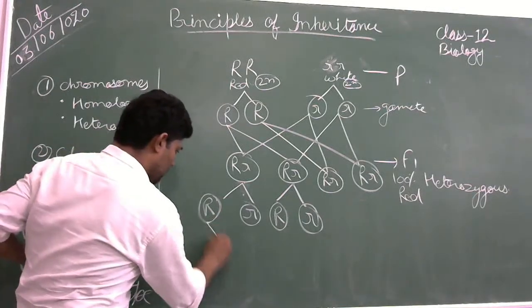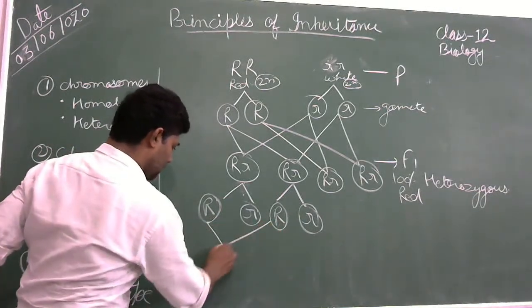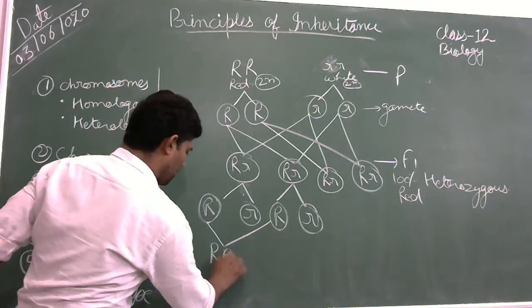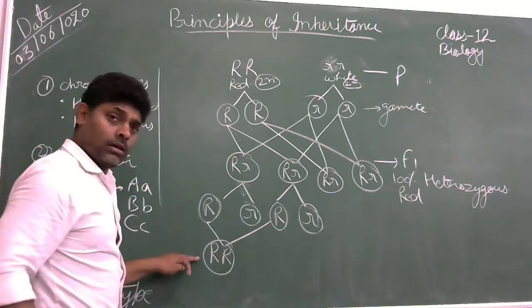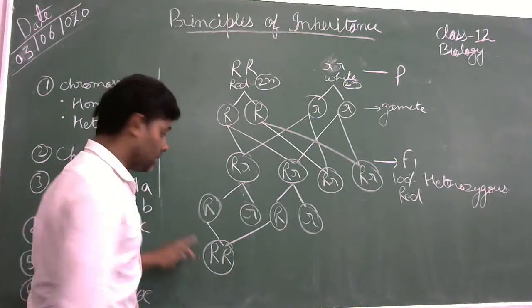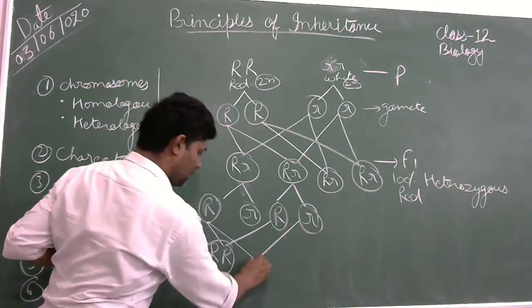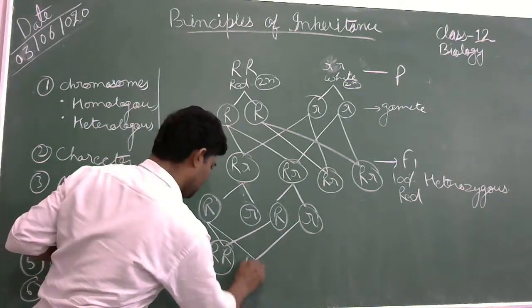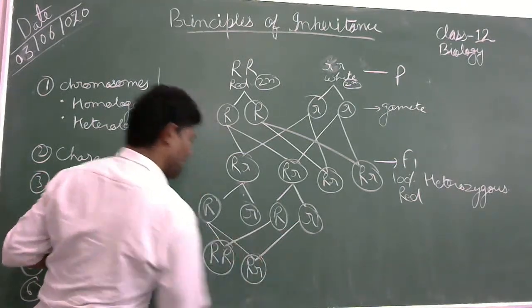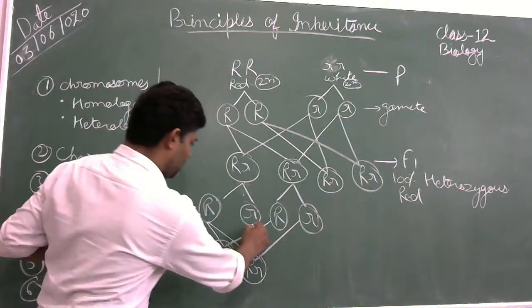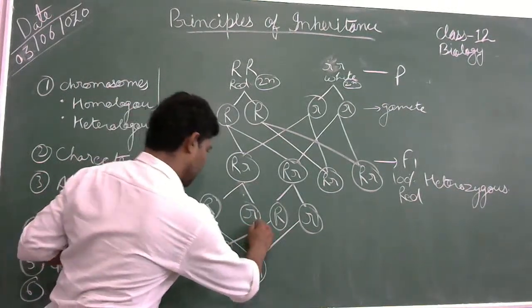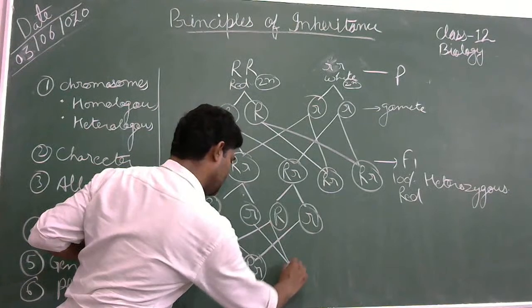So, suppose this crosses with this one, both are capital R. Here is the homozygous, right? Suppose it will cross with this one. Here is the heterozygous. Suppose this will cross with that gamete.